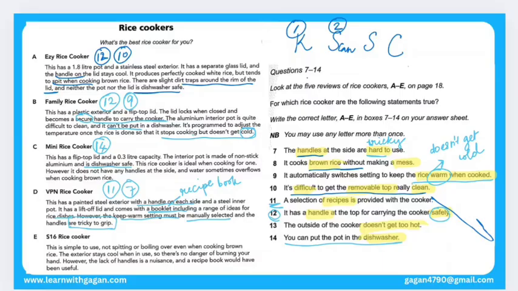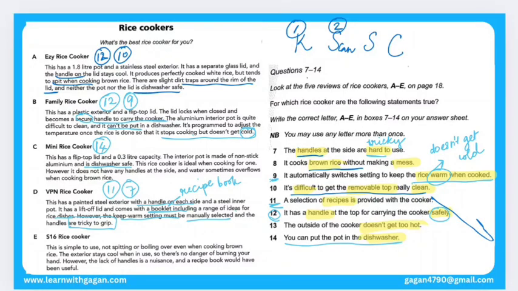Any other? Well, in the last line they say, however, the keep warm setting must be manually selected. But in number 9 feature, it automatically switches setting to keep the rice warm when cooked. But the VPN rice cooker, the keep warm setting must be manually selected. So it does not look like a good match for number 9.